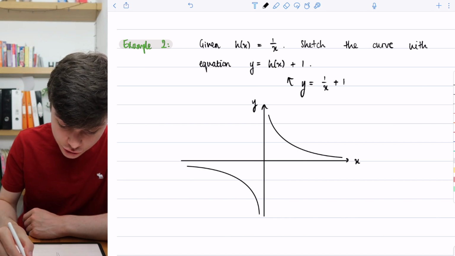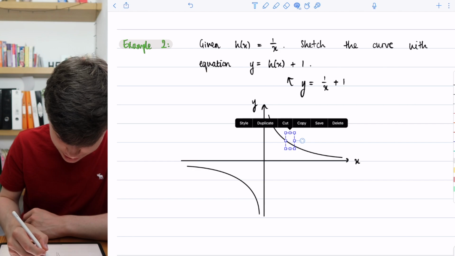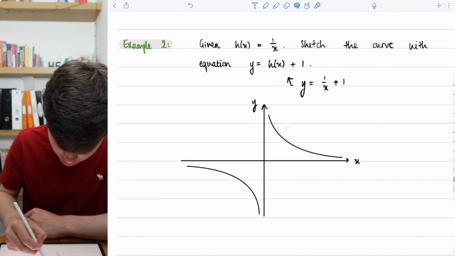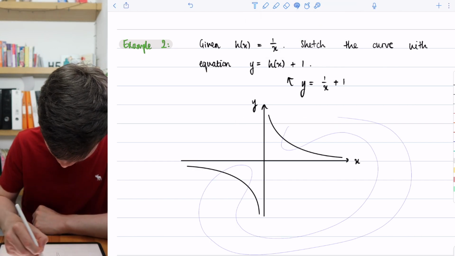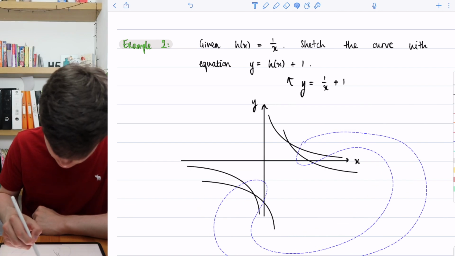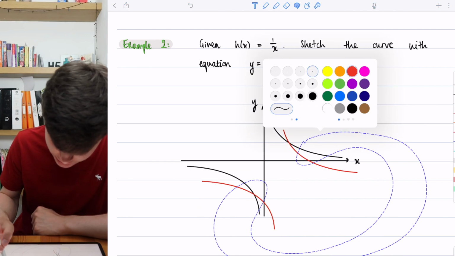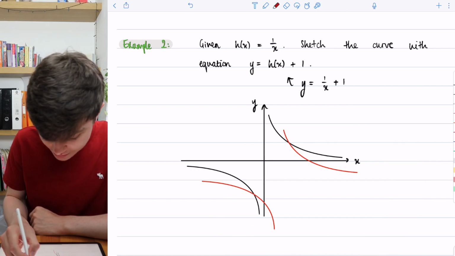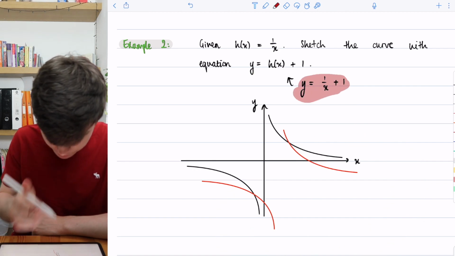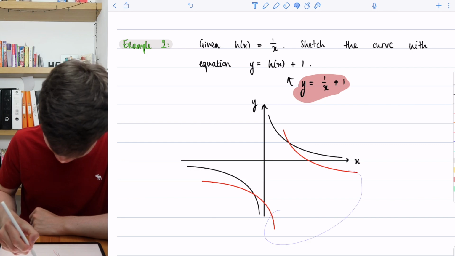What I will do is I'll duplicate this little bit here so I can get it all at once. If we duplicate that and change it to red, then this is the graph that I'm going to be translating or sketching here.